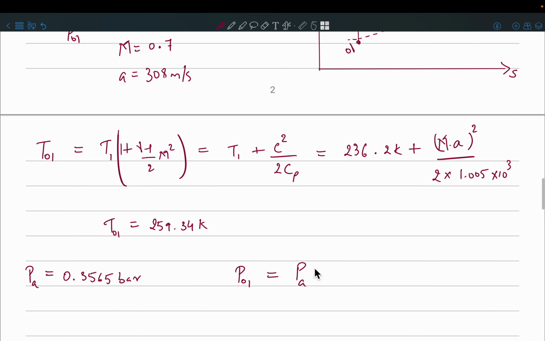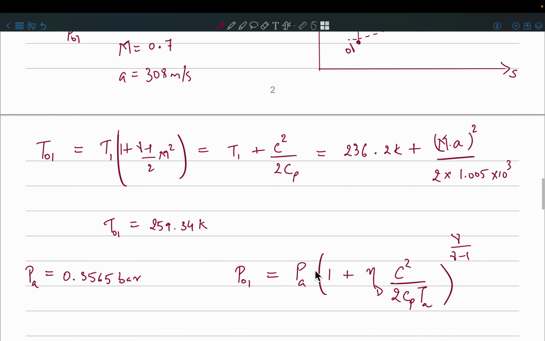PA multiplied by 1 plus eta intake, that is eta diffuser, into C square divided by 2 Cp T ambient, the whole raised to the power of gamma by gamma minus 1. Is this formula clear?